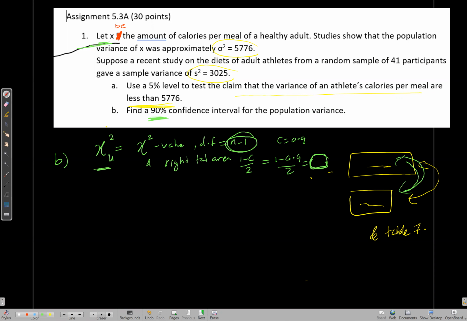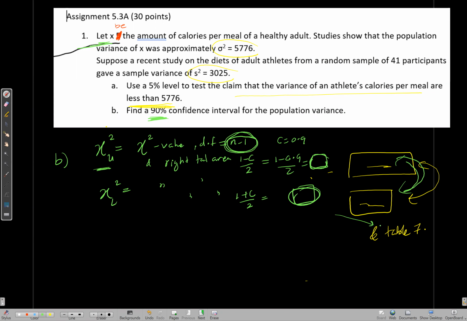the value chi u squared. And similarly, chi l squared, same thing, right tail area, but this time 1 plus c over 2. So find that value using that and the degree of freedom, go to table number 7.